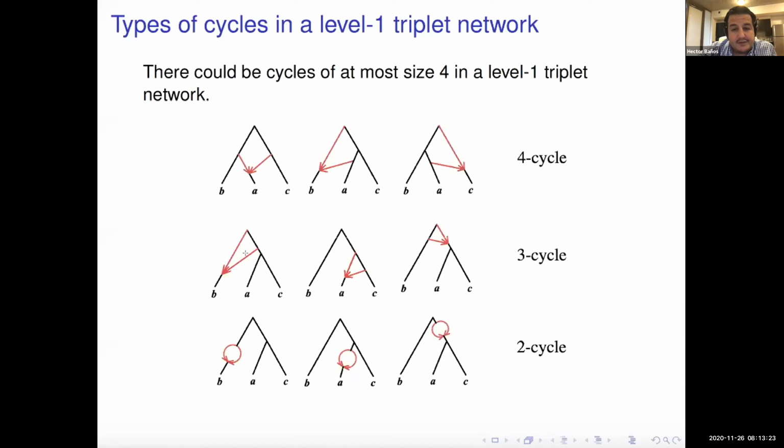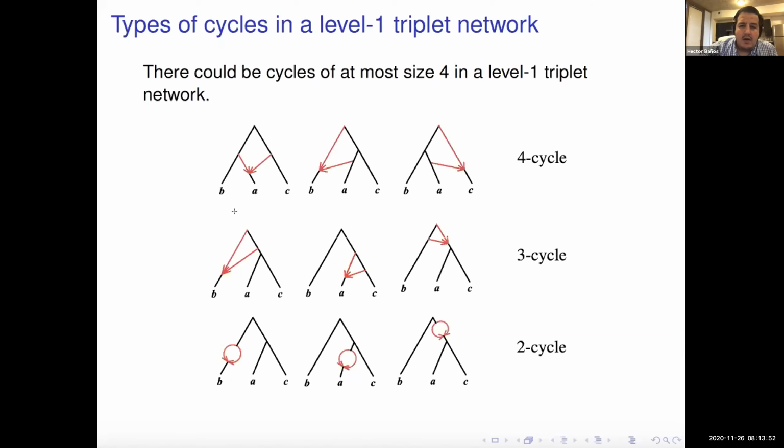You can have cycles of size 3, like these ones. You can have cycles of size 2. You can have multiple, like cycles of size 3 and size 2 and different combinations. Some of them are not possible: you cannot have a cycle of size 4 and a size 3 in the same network if it's level 1. But you can have 4 cycles and 2 cycles. And these are all the cycles up to relabeling of the taxa.